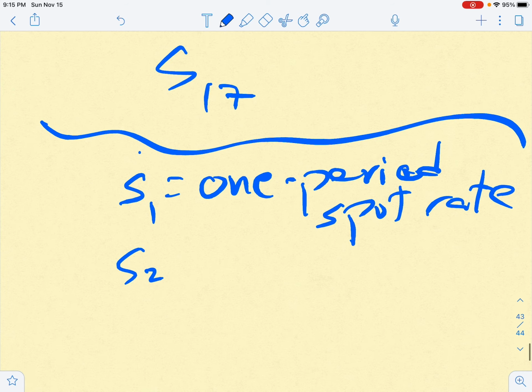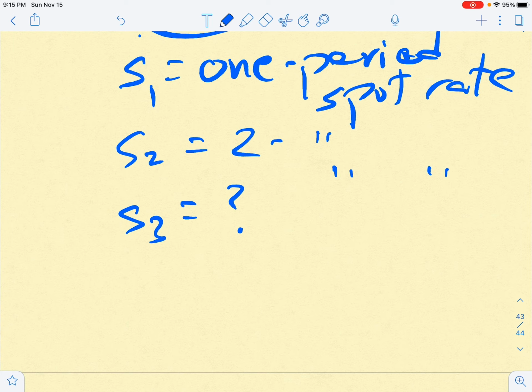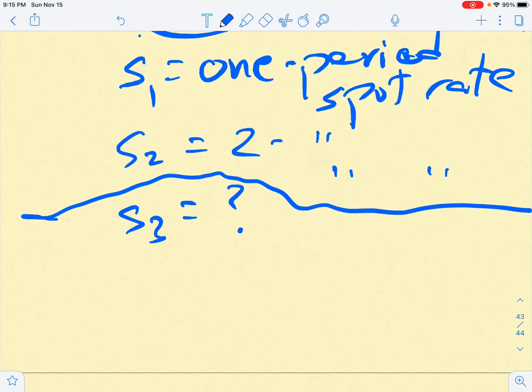Our question is, what is the appropriate value for S3? S2, the 2-period spot rate, we trust. But we're not sure about S3. Maybe it has a wide bid-ask spread.